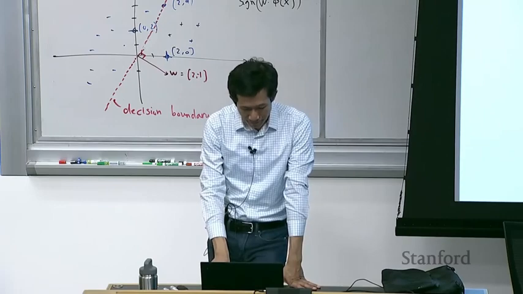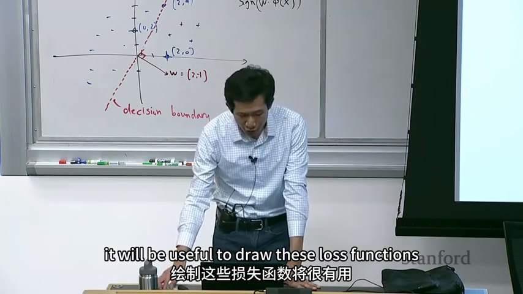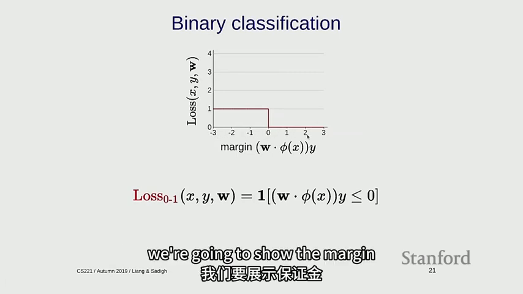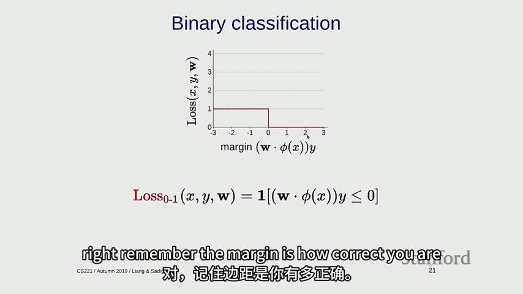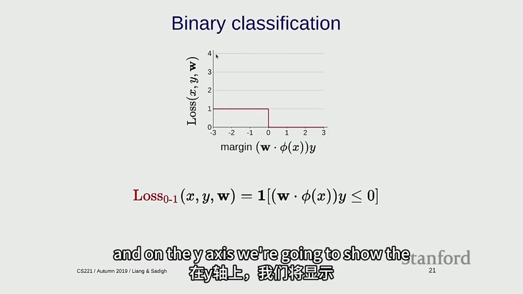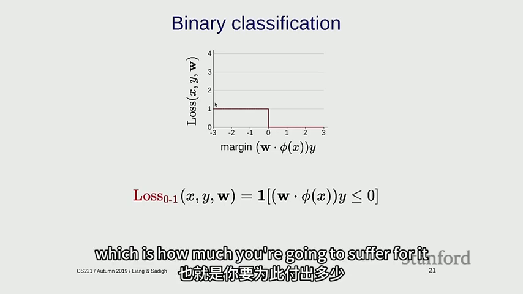Okay? All right, so it will be useful to draw these loss functions pictorially like this. On the x-axis here, we're going to show the margin. Remember, the margin is how correct you are. And on the y-axis, we're going to show the loss function, which is how much you're going to suffer for it.